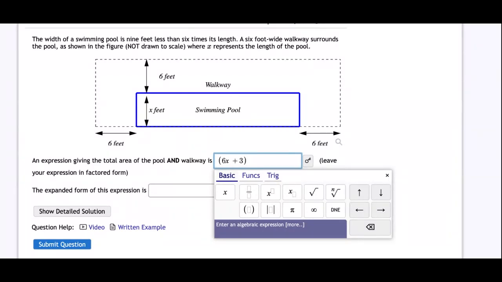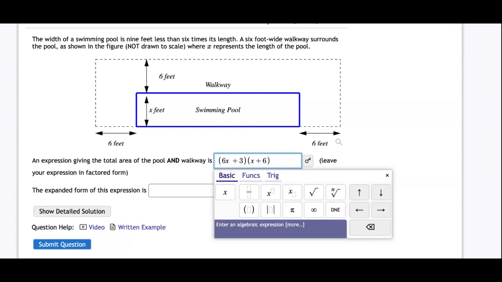Now we have to figure out the length. Well, the swimming pool is x. Do you see that's x plus 6? So that's the area of the dashed rectangle, which includes the swimming pool. In between the solid line and the dashed line, there is the walkway.